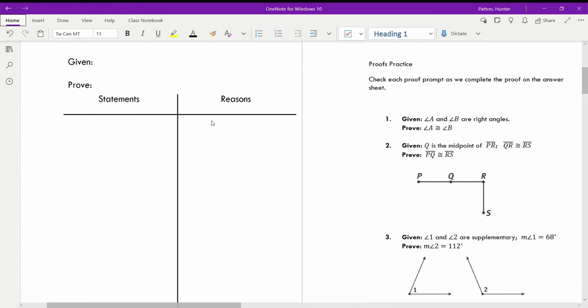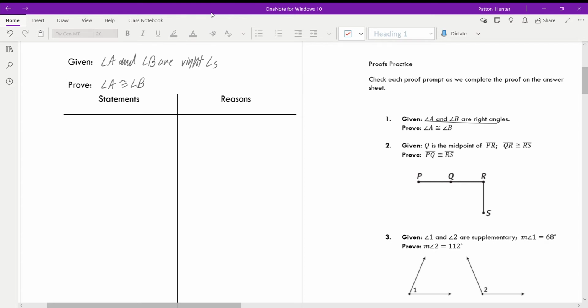Okay, so our first proof says, given that angle A and angle B are right angles, we want to prove that angle A is congruent to angle B, which sounds pretty obvious, right?